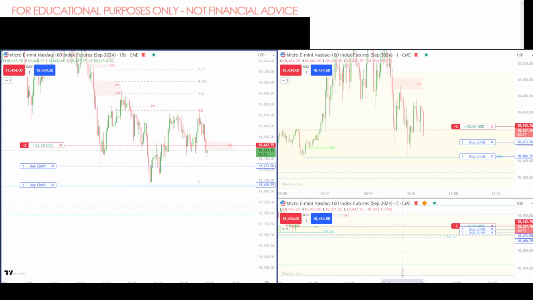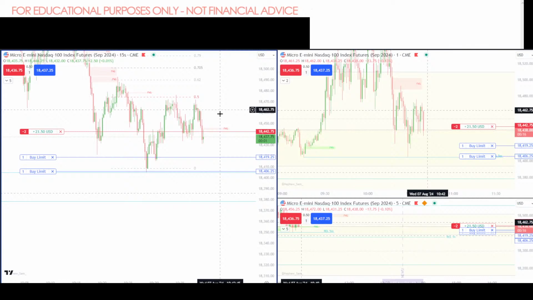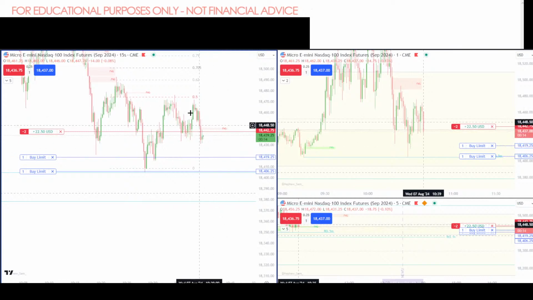That was at least $20 in the bag, so I guess that was 10 points. And let's hope that we feel a little more confident in the trade than at first, because we went against and then came back.